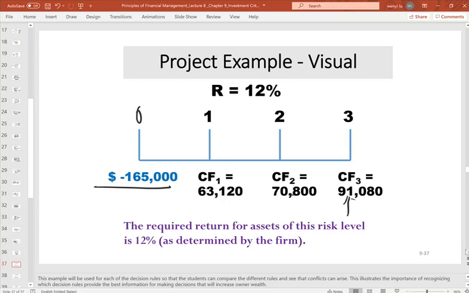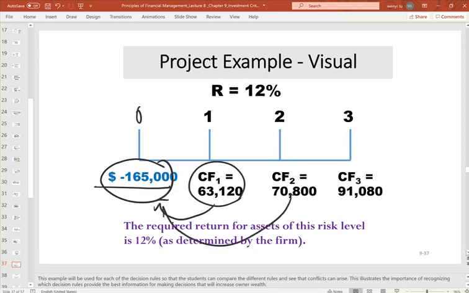So in what year will your initial cost be recovered? That's the payback period. Let's do this incrementally. We're adding the cash flows to the initial cost to say in what year this will be recovered.